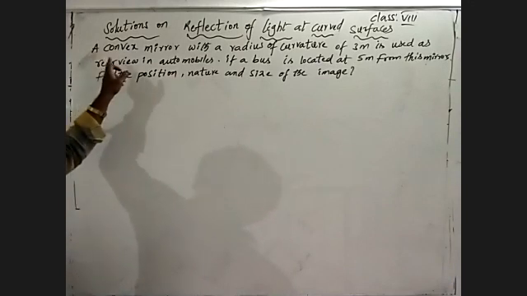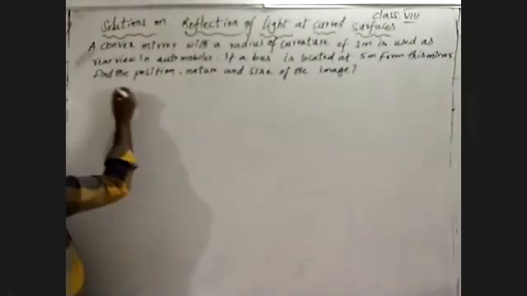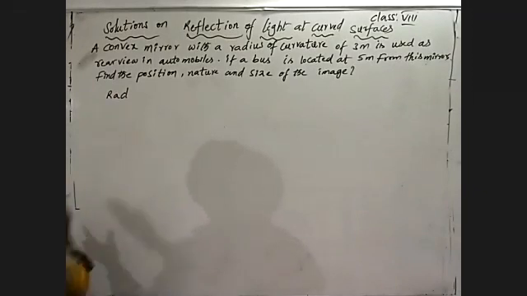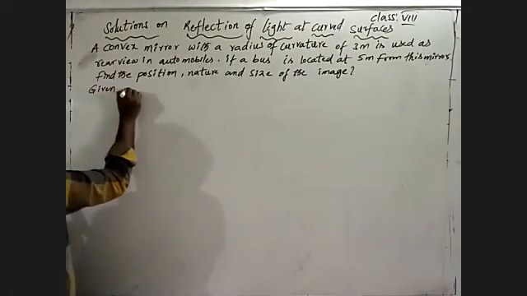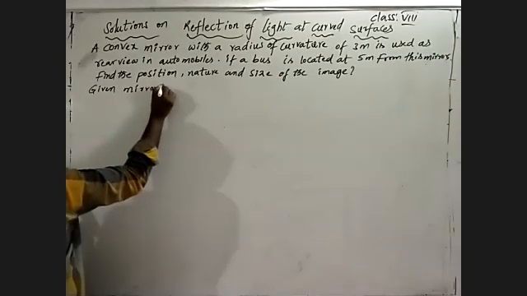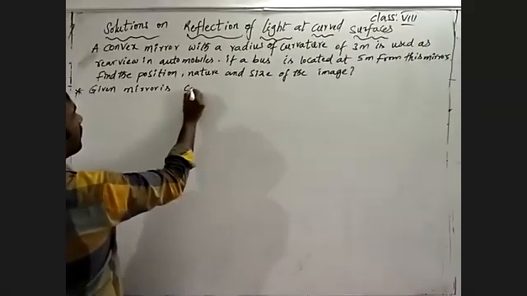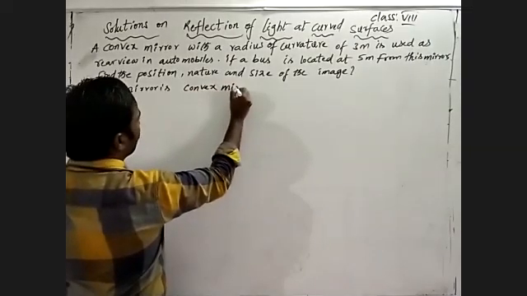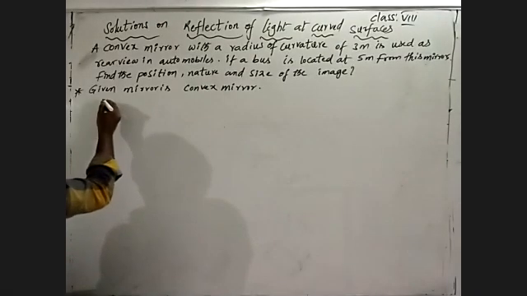A convex mirror with a radius of curvature, they are giving the radius of curvature. First we will write the given data. Given mirror is convex mirror. What else is given?